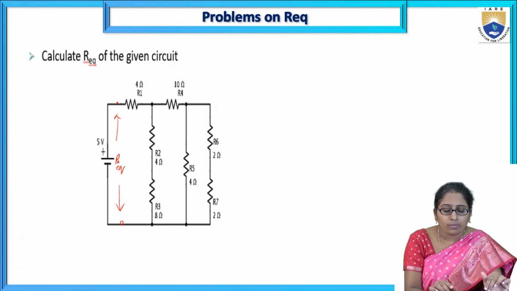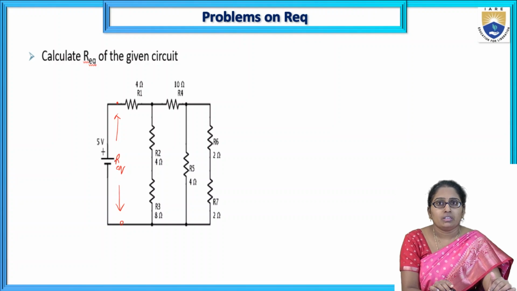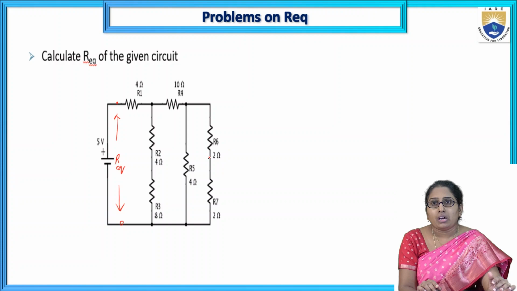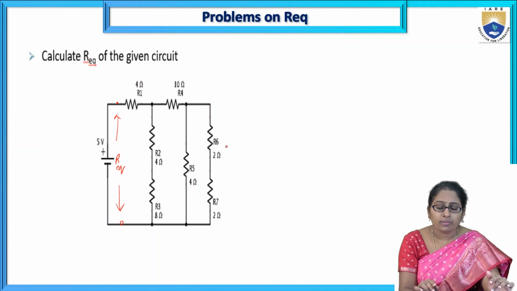According to the problem, R equivalent means here, across the supply. So I start reducing the circuit from the opposite side. Each time I find the equivalent value of two elements; each time I reduce two elements as one element.